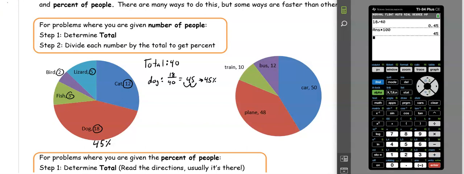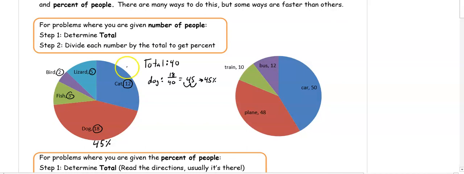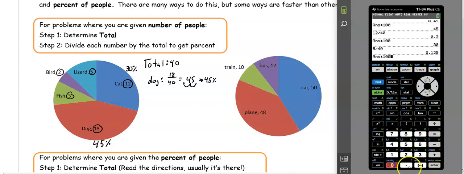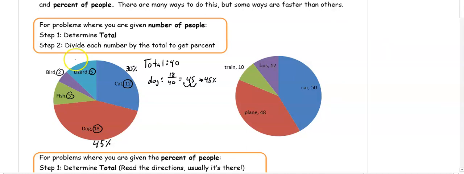So let's get the rest of the percentages on our chart. If we do 12 divided by 40, that's 0.3. If we multiply by 100, that would get us 30%. Then we have 5 divided by 40 times 100, and that would get us 12.5%.